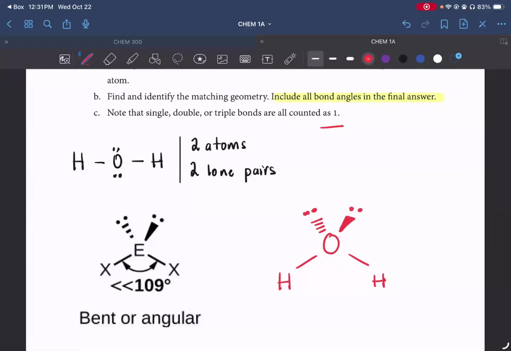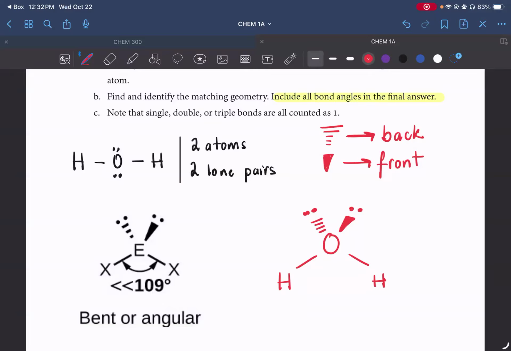All you need to know about these new bonds, the dash or the wedge, is that the dash represents something in the back, and the wedge represents something in the front. So what I'm trying to say, and I'm going to come up so you can visualize it, is that if you were to pretend that my chest is the oxygen atom in the center, the hydrogens are at some bent angle to that central atom, my hands.